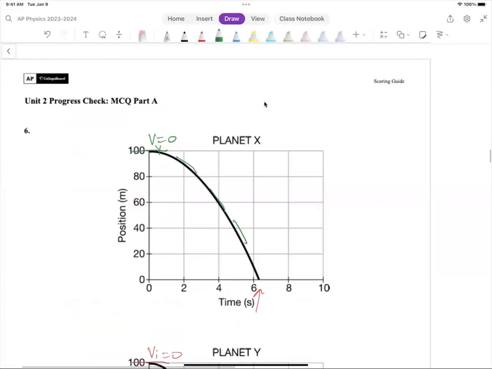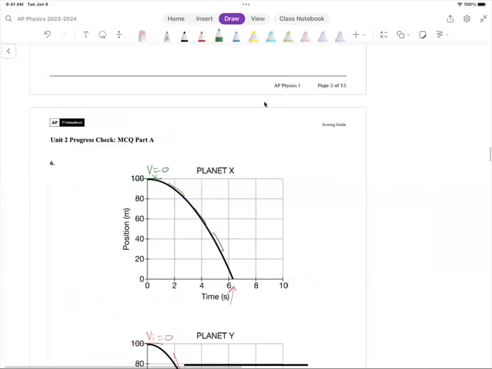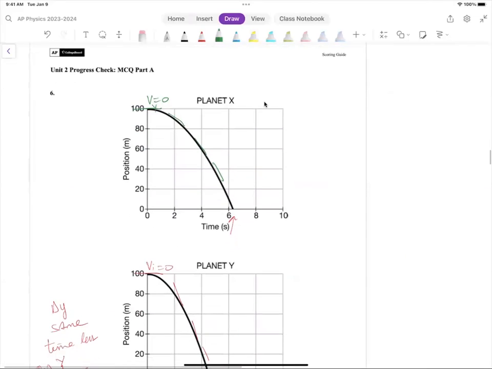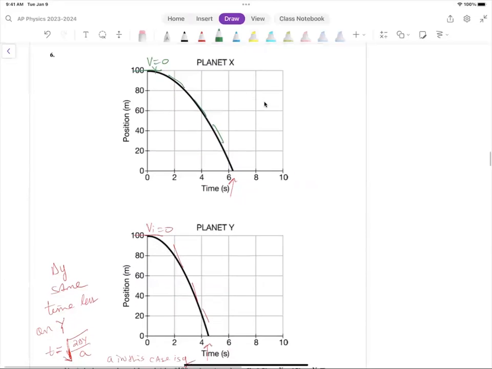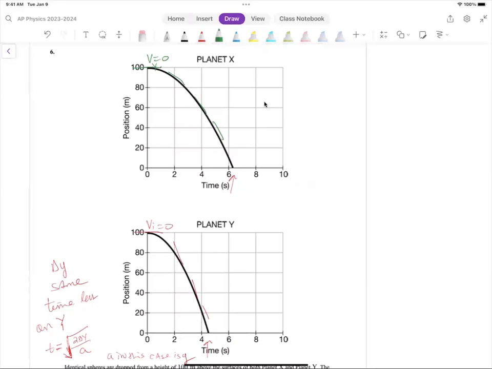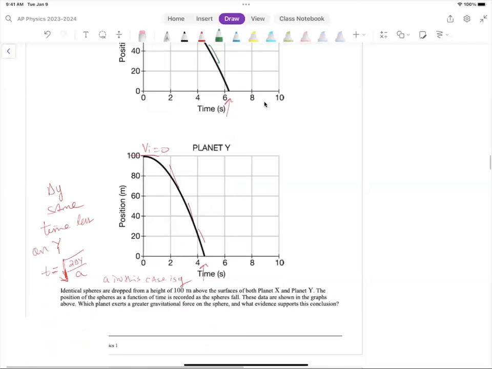Okay. This is one that we went over in class, number 6. I have planet X and planet Y. I have a graph. The graph is a position versus time curve of an object that is released from rest, so velocity equals 0, and then it is dropped to the ground, and the position decreases with time, and eventually hits the ground.